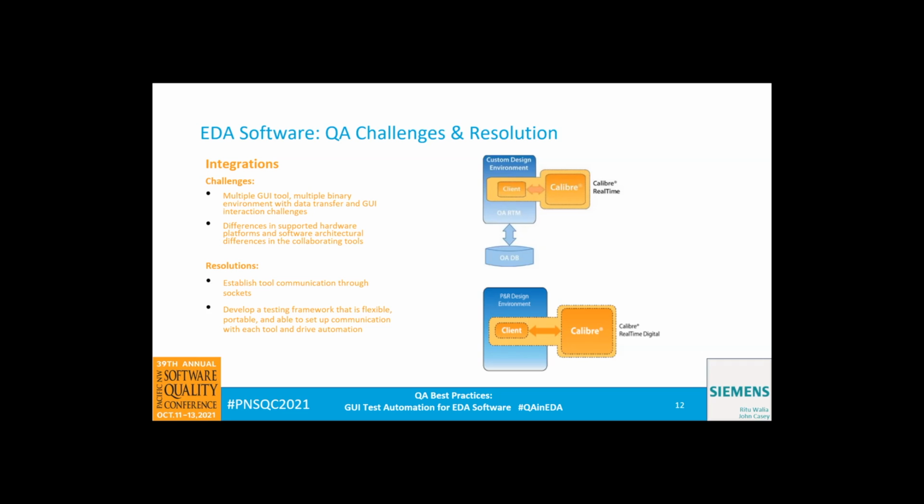When building and performing QA on these tools, a testing framework needs to be developed that is flexible enough to send data back and forth between any application and drive the behavior of the graphical tools involved in an automated fashion. In EDA, the tools are primarily built and run on a Linux operating system. Before Linux, there was Unix, various operating systems, Solaris from Sun, the AIX operating system from IBM, and even more before then.